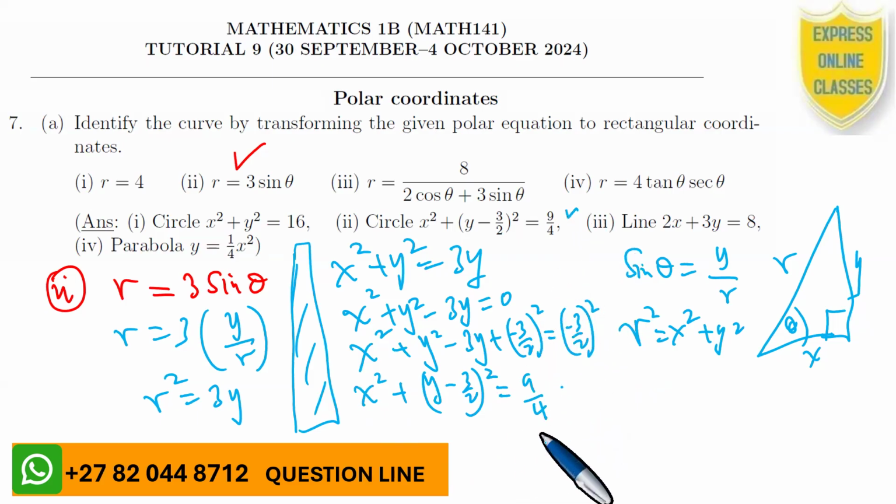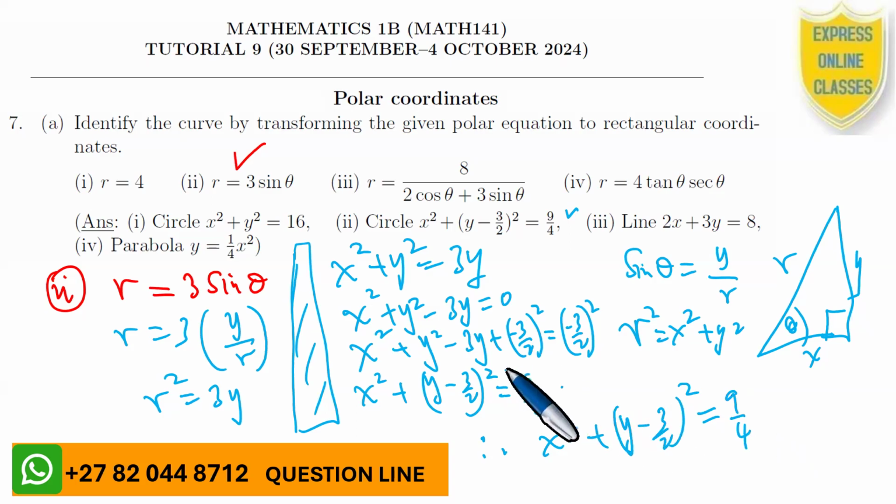Sorry. Yes, please. Why do we also do it on the other side? Because when we add anything to an equation, whatever we do on the left must be done on the right, and that is the law of equations. Because we're given an equation, and we added minus 3 over 2 squared on the left, we need to do it on the right as well.